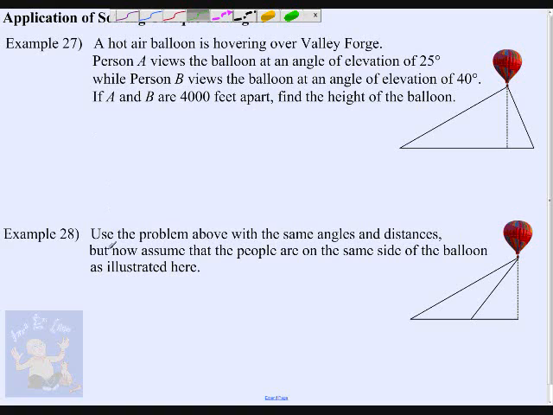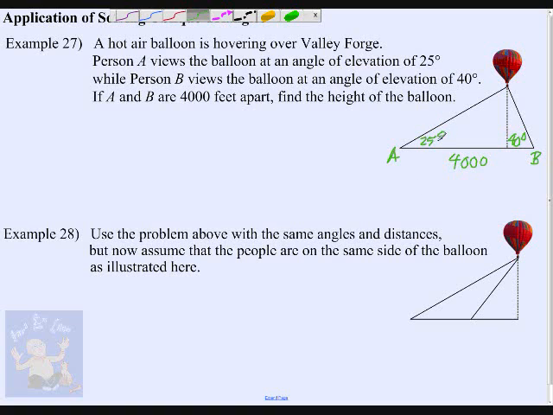Here's two problems which both use a hot air balloon. We've got a hot air balloon. We've got person A, so we're going to put person A right here. And they're looking at an angle of elevation of 25 degrees. Person B, over here, has a much steeper angle of elevation, 40 degrees, and they are 4,000 feet apart.